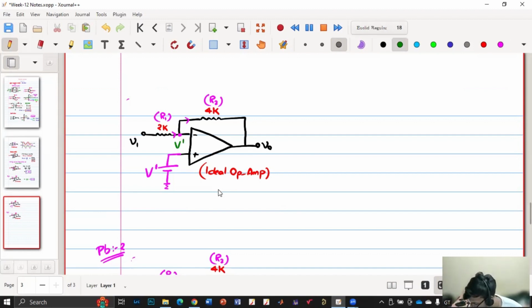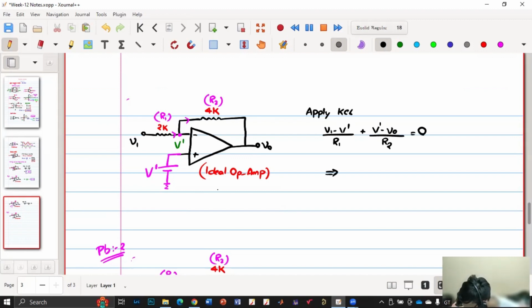So now if I apply KCL, then we'll get (V1 minus V dash) by R1 plus (V dash minus V naught) by R2 is equal to 0. So now in this case, V naught is equal to what will be the value?